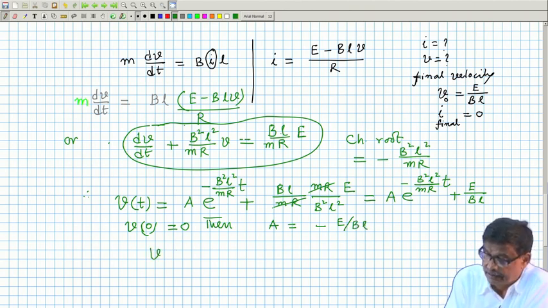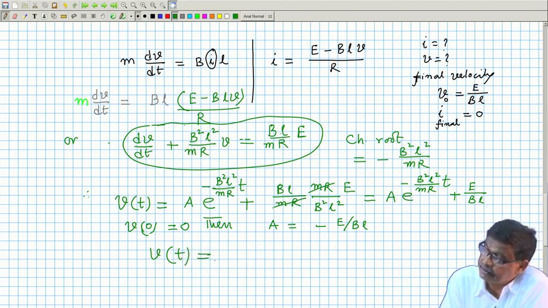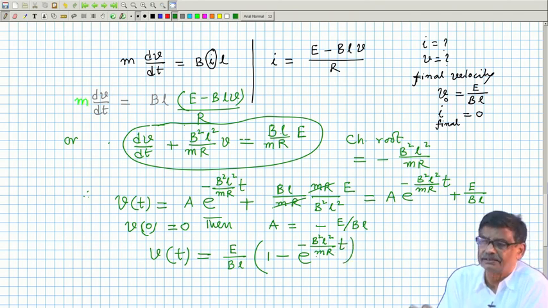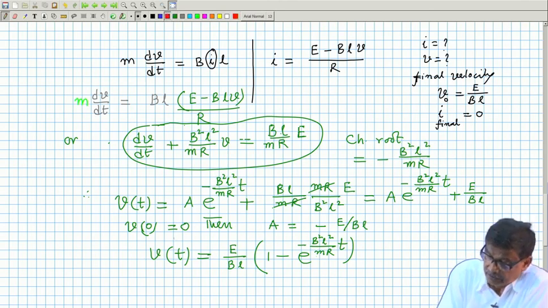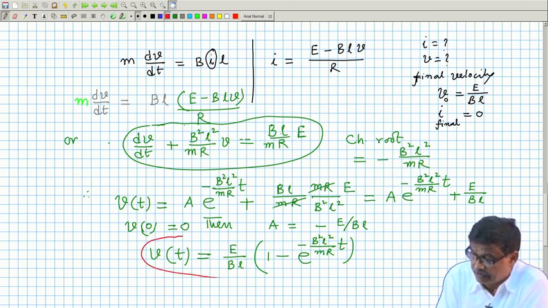So, I will say the velocity at any time t will be equal to E by B L into 1 minus e to the power minus B square L square by m R into t. It is something like an RL circuit sort of thing. So, this is the final solution for velocity.